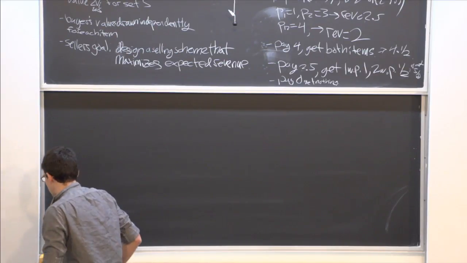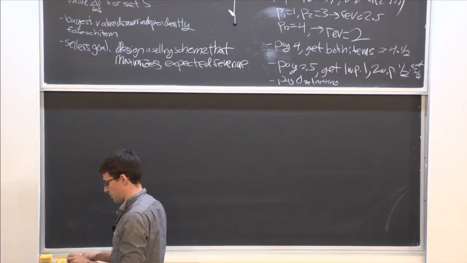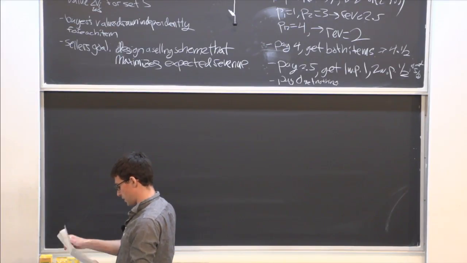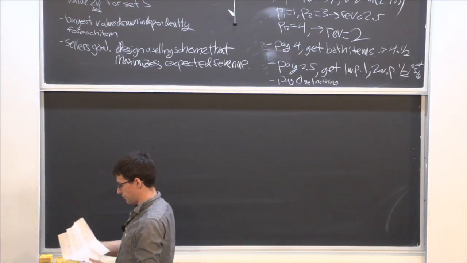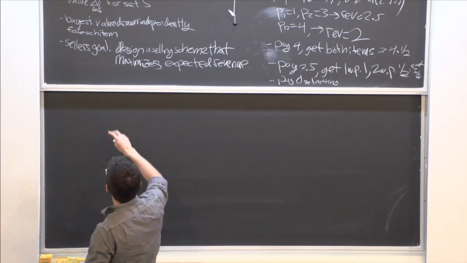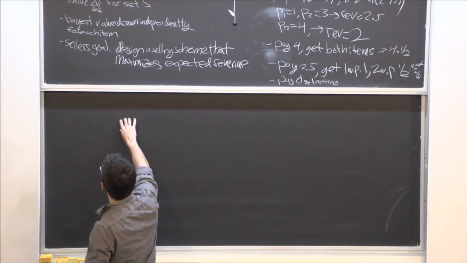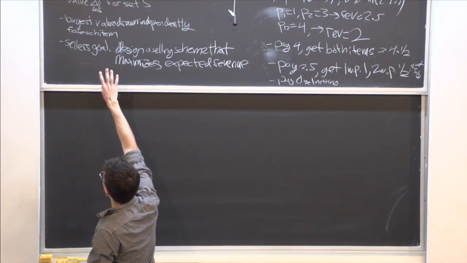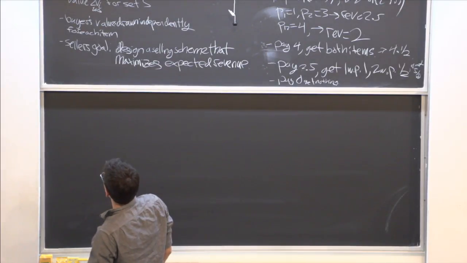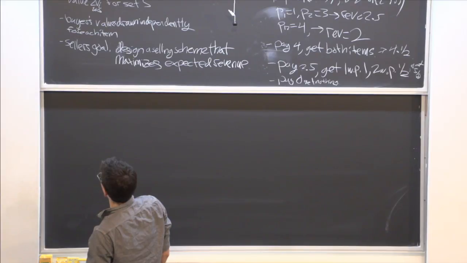Okay, so let me now get into the tools that I wanted to tell you about. Everything up here I want to keep for the rest of the talk, except that there are only 2 items and only 1 buyer.